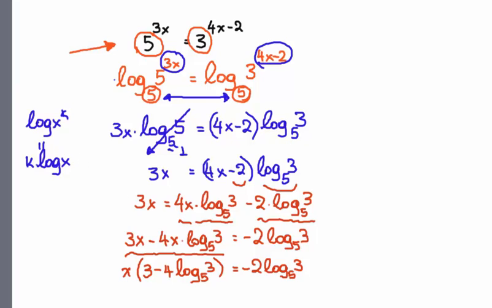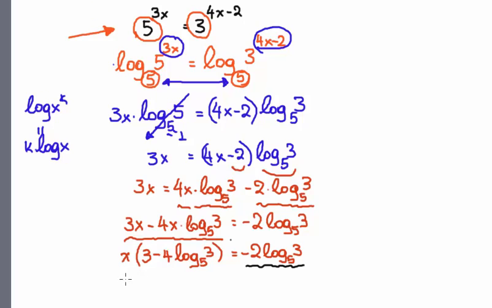I want you to pay attention to the fact that I don't need to do anything with this part right here. I may not know exactly what it is, but if I use a calculator, I'm able to calculate that. And then, at the next step, what I need to do is to consider the coefficient of x. And the coefficient of x in this case is this. So I will divide both sides by the coefficient of x, that is 3 minus 4 log with base 5 of 3.